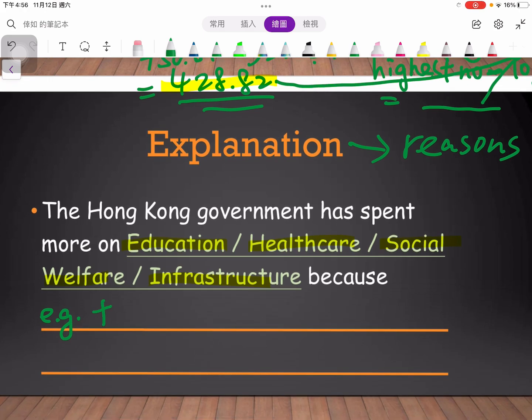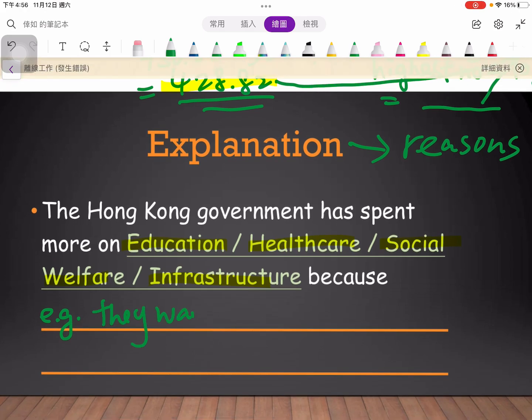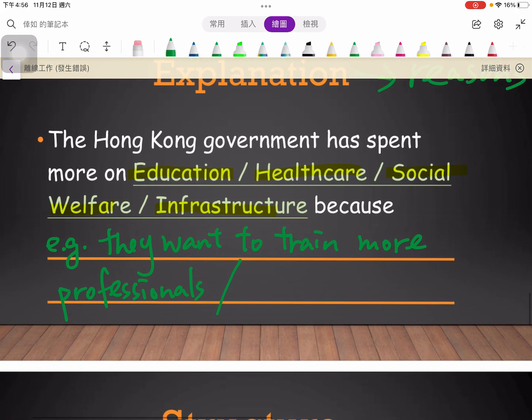Maybe they want to train more professionals, or they want to develop a better business environment.